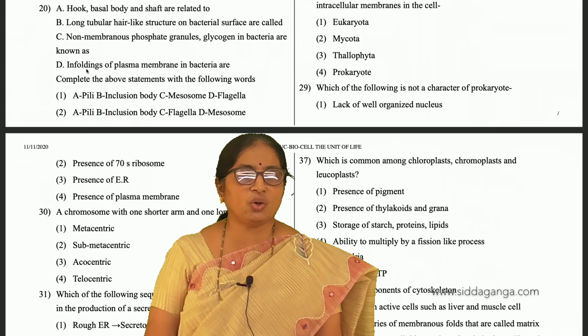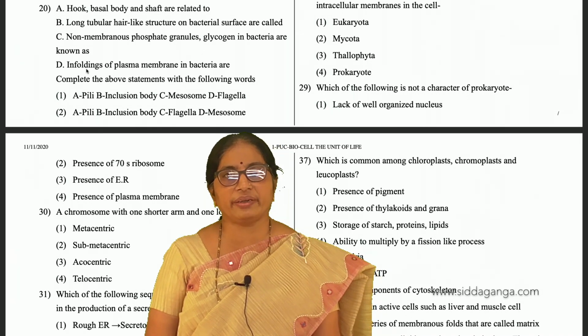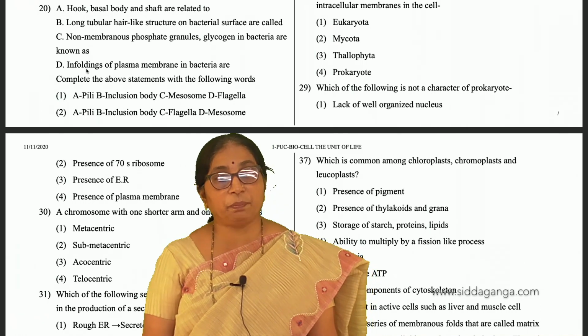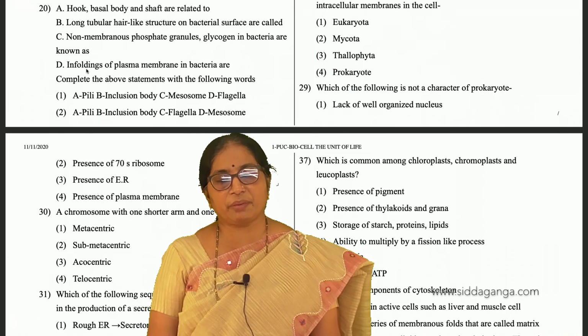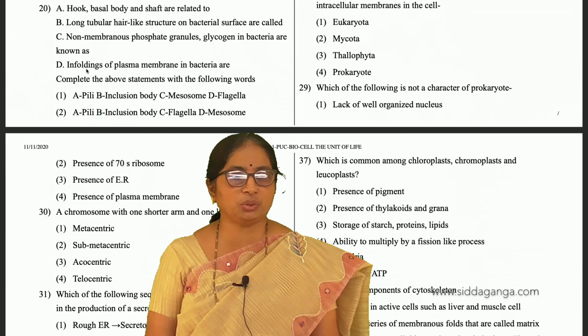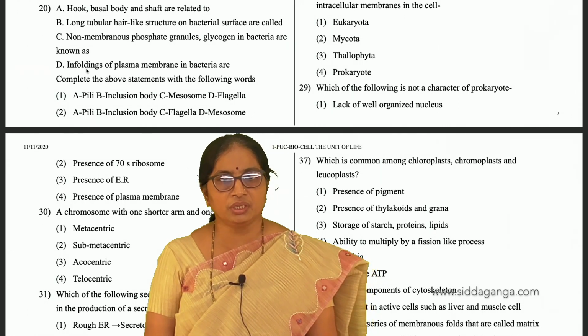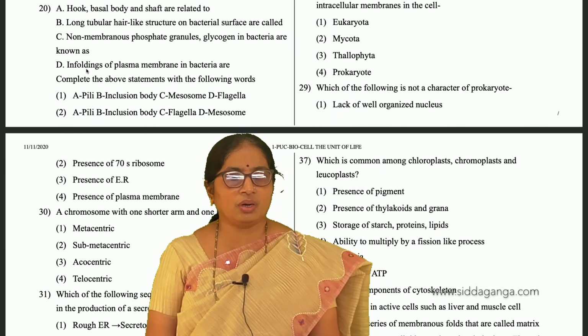So next is long tubular hair-like structure on bacterial surface, you can put it as pili, and infoldings of plasma membrane in bacteria are nothing but mesosomes, and the non-membranous phosphate granules, glycogen in bacteria are nothing but the inclusion body.